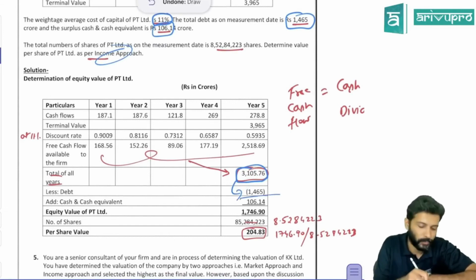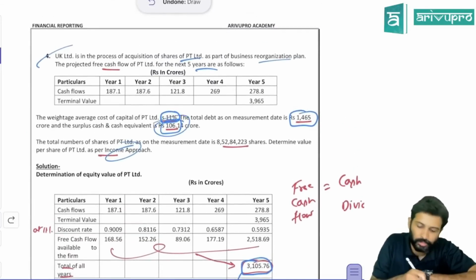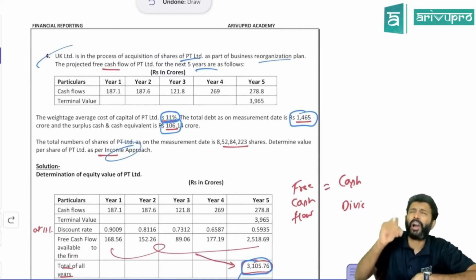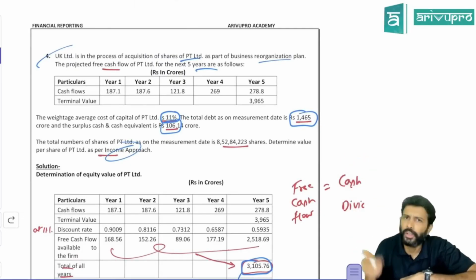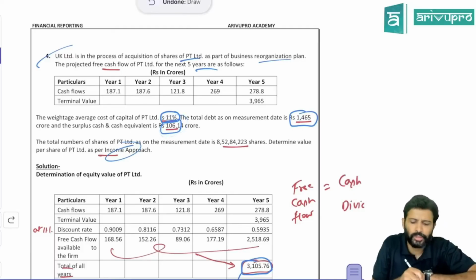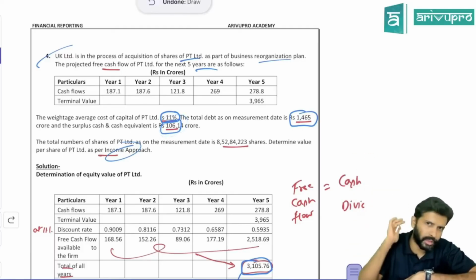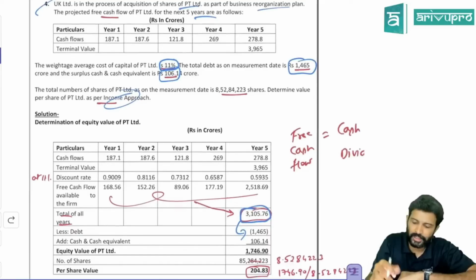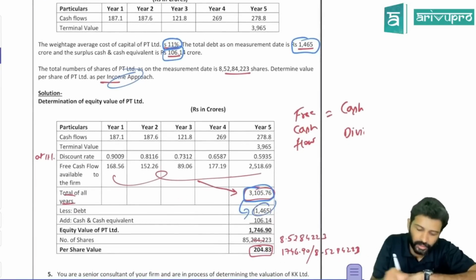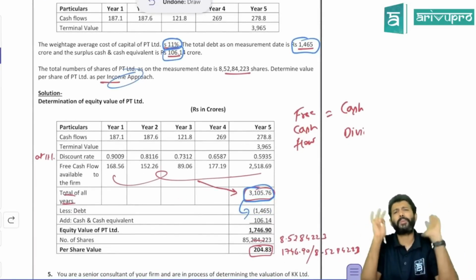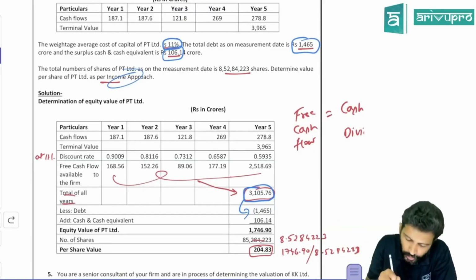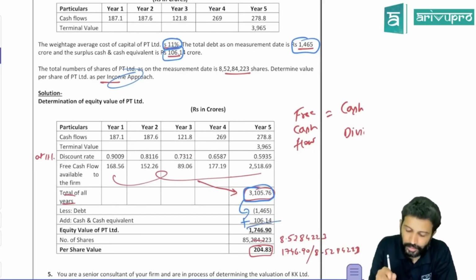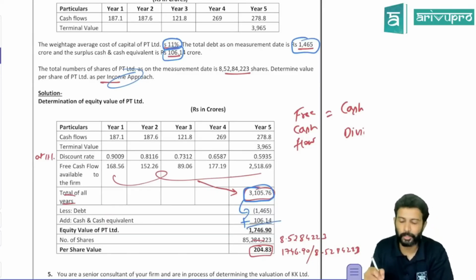And you also have some cash, correct? After the debt holders are settled, the remaining amount belongs to equity shareholders. And the 106 extra cash will also be given to equity shareholders only. So if you have any excess cash, add. So totally you're going to get 1746.90 crores.